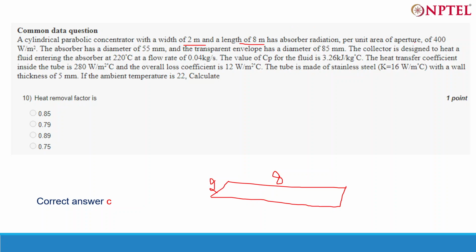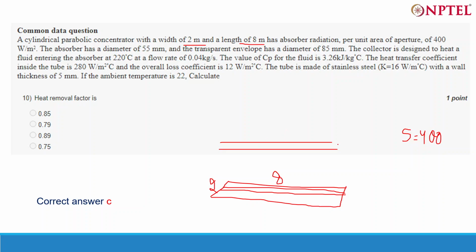Now per unit aperture area, the solar radiation S is, let's say, 400. The absorber has a diameter of 55 mm. This is the absorber tube above it, and it will cast some shadow here, so this has to be subtracted.